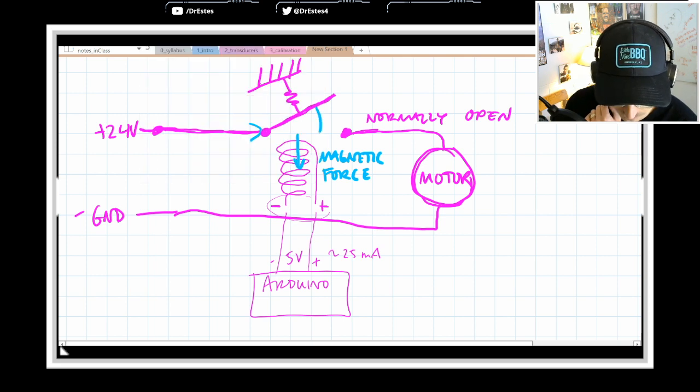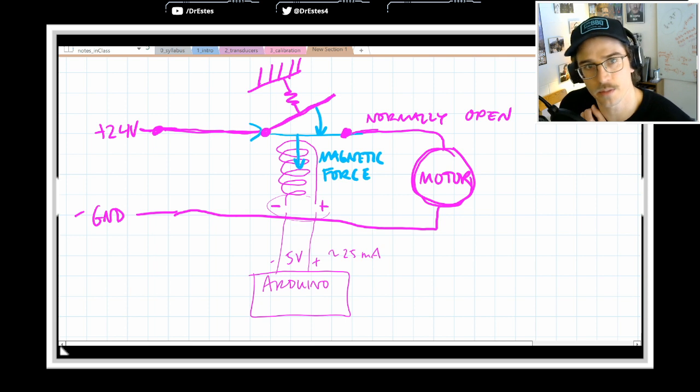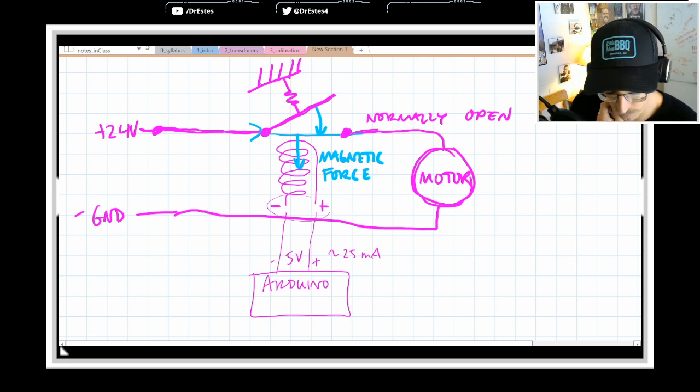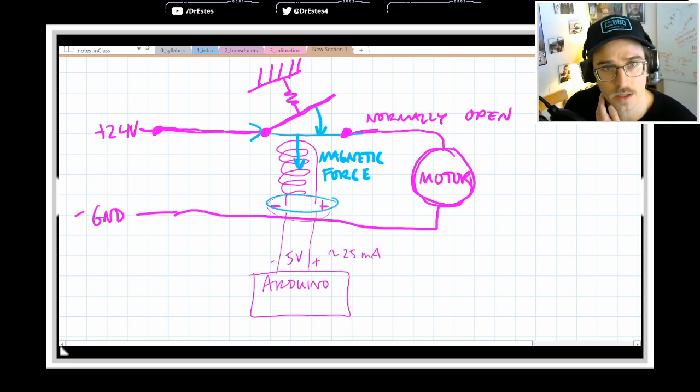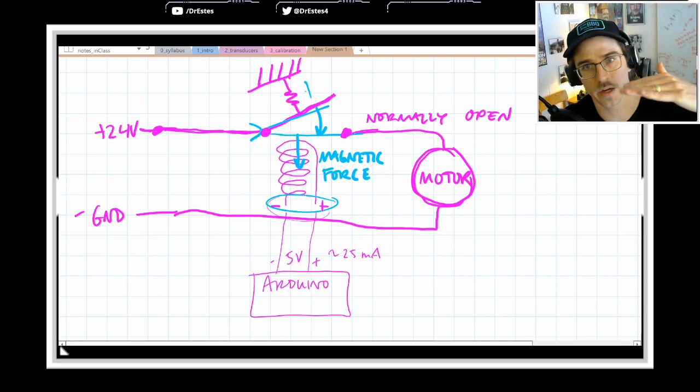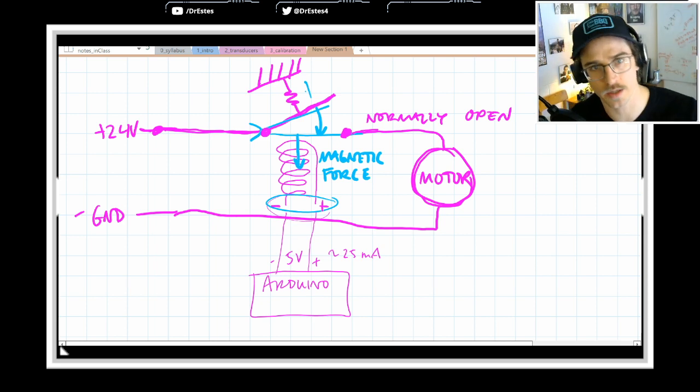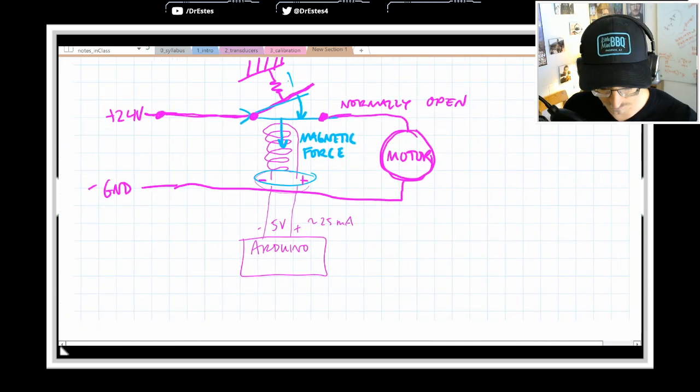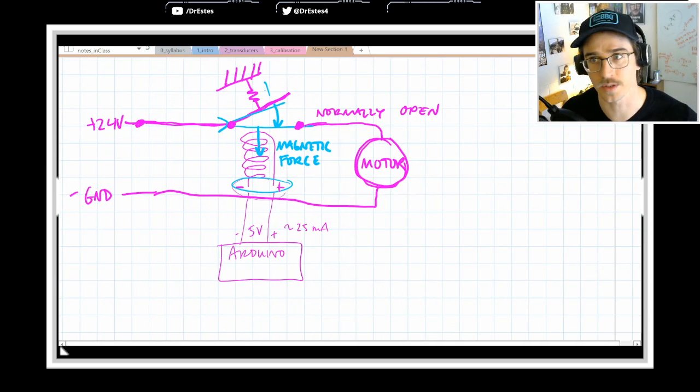That generates a magnetic force which closes this. It allows current to flow to the motor. And then if we turn off this magnet, the magnetic force goes away and this spring pulls the latch back up. And so this gives us a way of turning on and off the power to the motor.